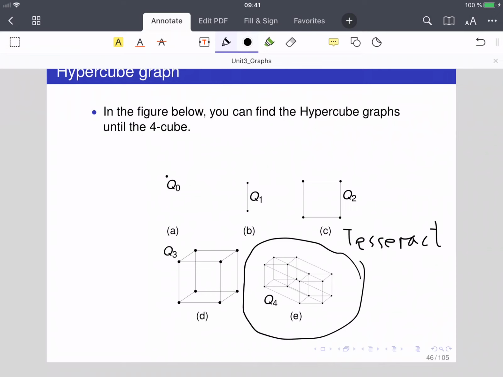But also I want you to answer another question. Is the cubic graph, the hypercubic graph, bipartite? And if it is bipartite, in which cases? Okay, so please try to solve those exercises on your own.